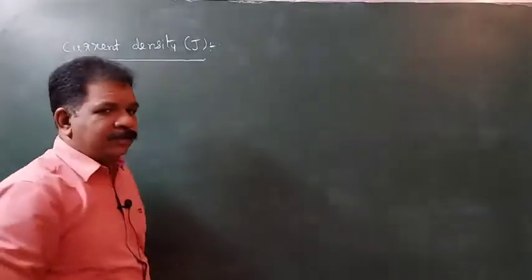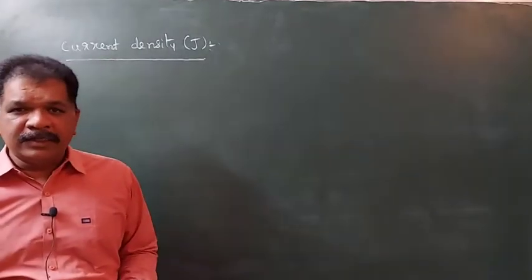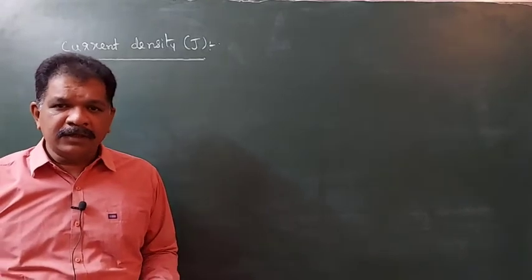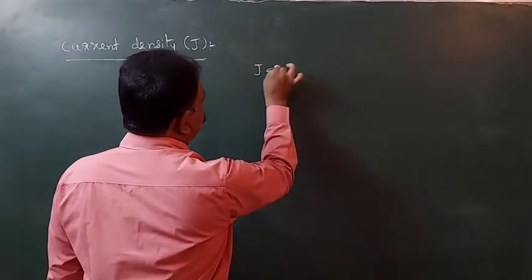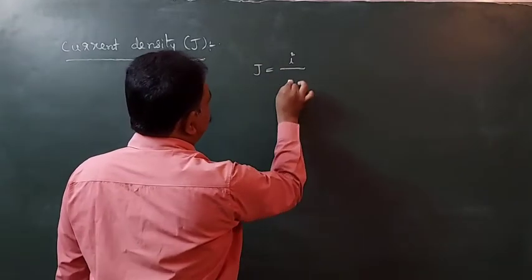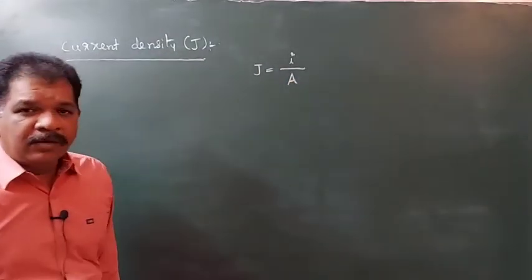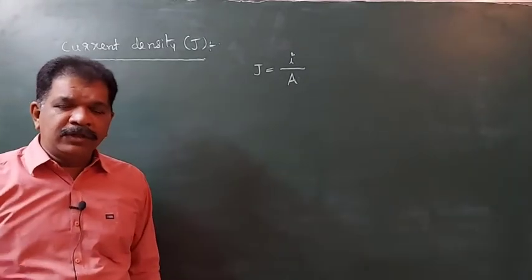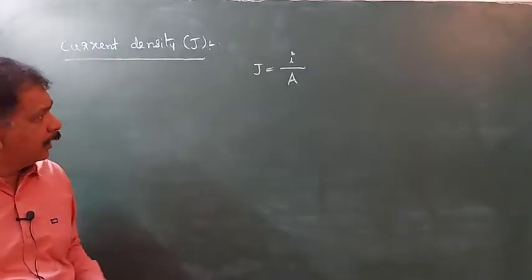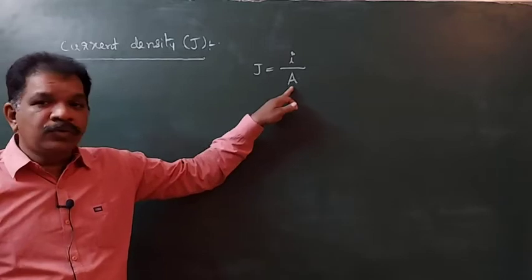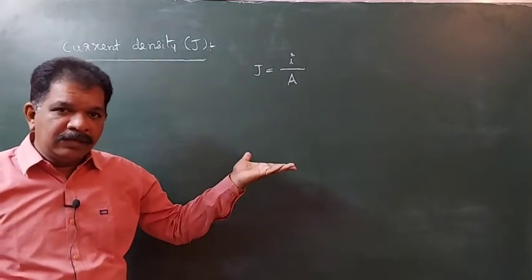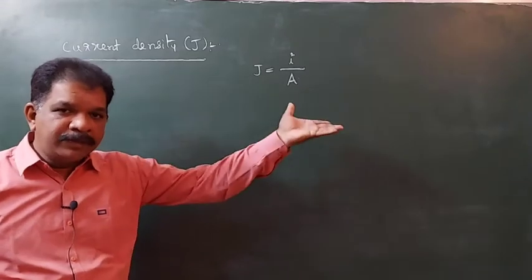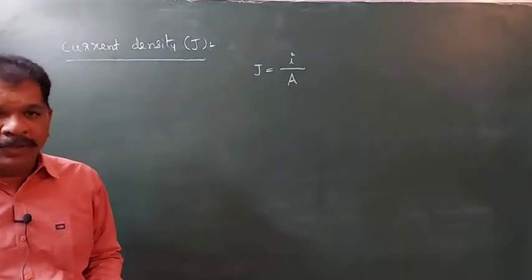Current density is indicated by the letter J. J is equal to I by A. It is the amount of current flowing through a conductor per unit area of cross section.